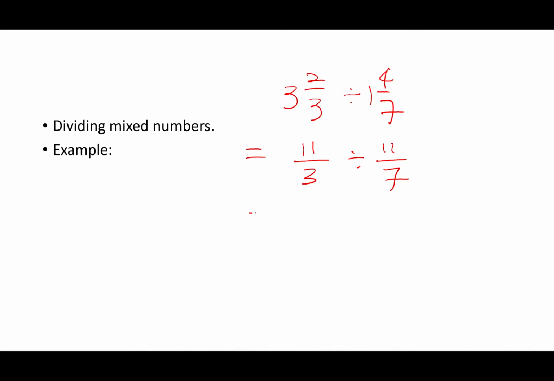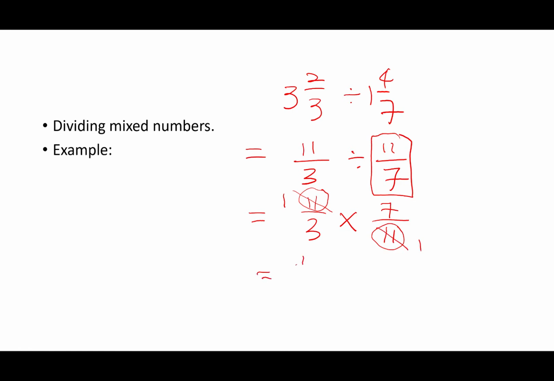Remembering that dividing by a fraction is the same as multiplying the first fraction by the second fraction flipped over, if we do that, we get 7 over 11. In this case, we see that the numerator and the denominator can be cross simplified. 11 divided by 11 gives us 1, and this will be 1 as well.